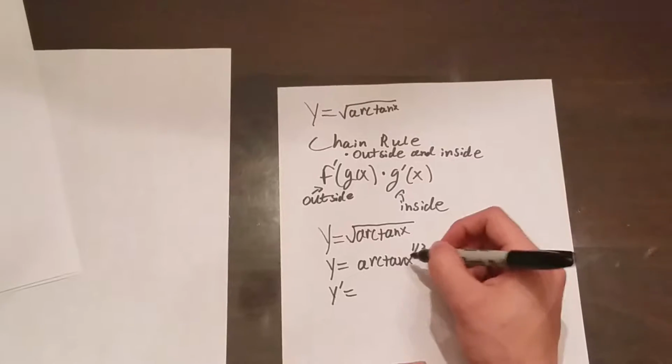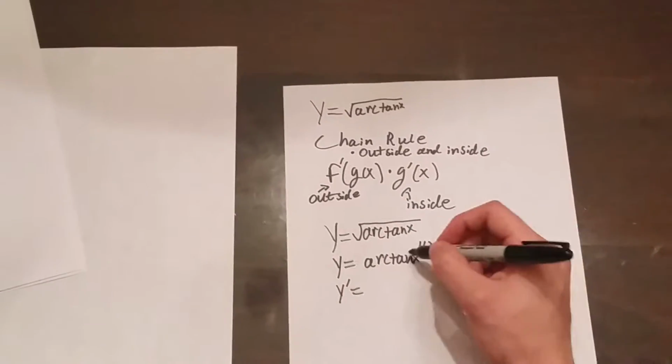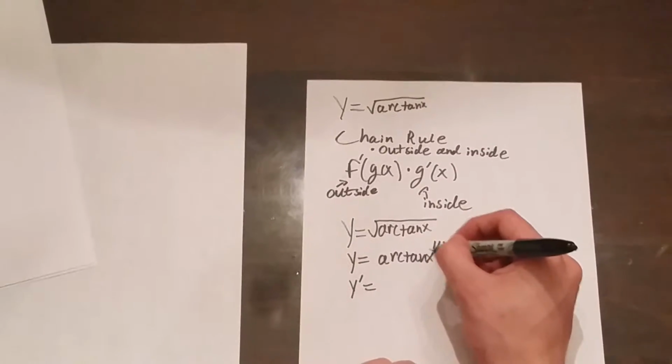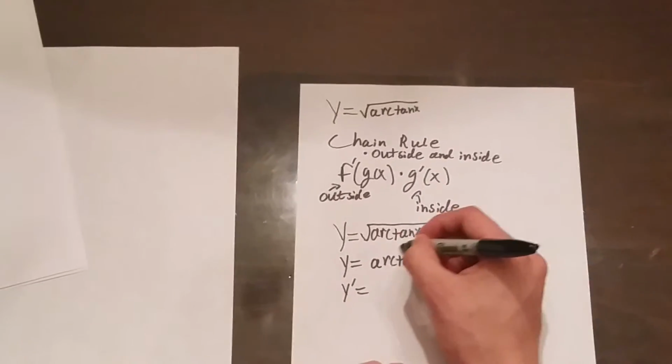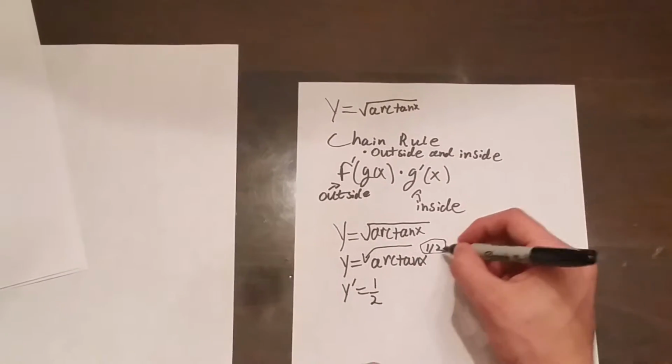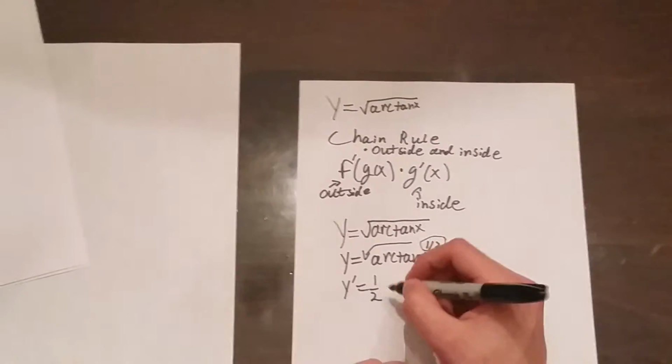and for taking the derivative of power rules, we would bring this number down to here, so we would have 1/2, and then we would minus this by 1.